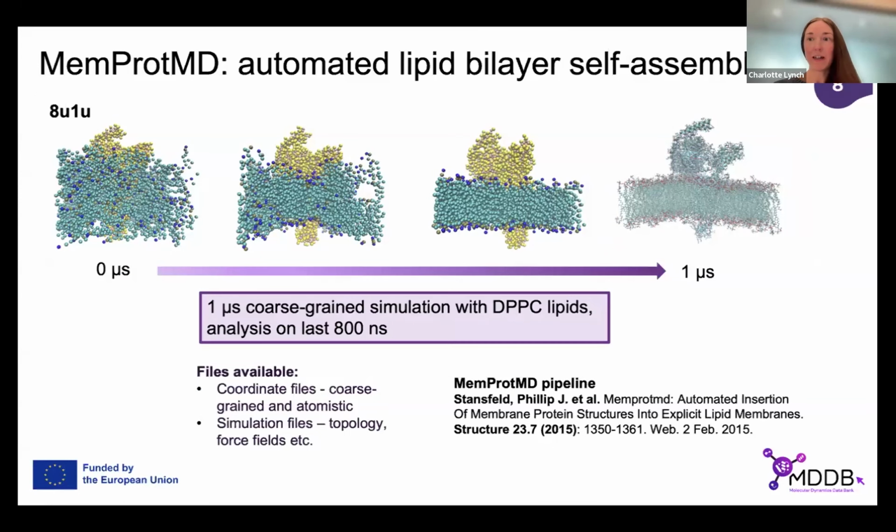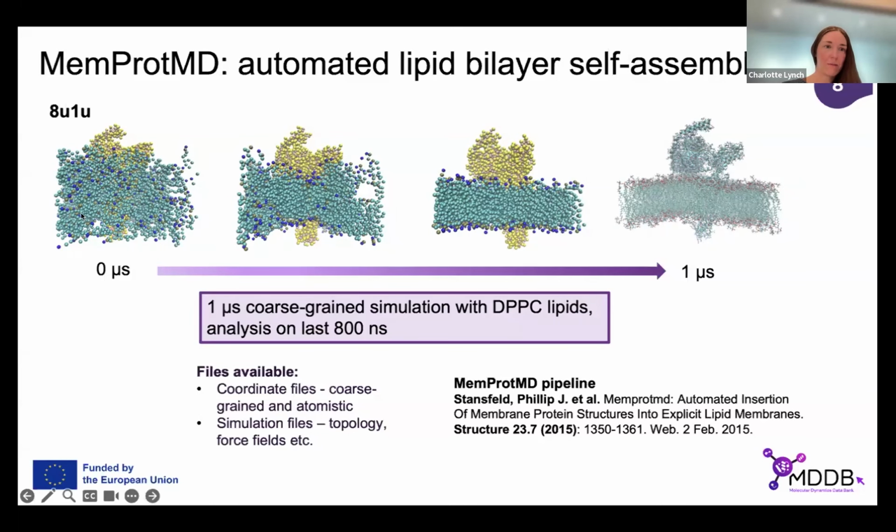And the simulation that's going on under the hood to get to this stage of showing you this on the website is a set of coarse-grained simulations. Each bead, which are all these little dots here, represents several atoms.